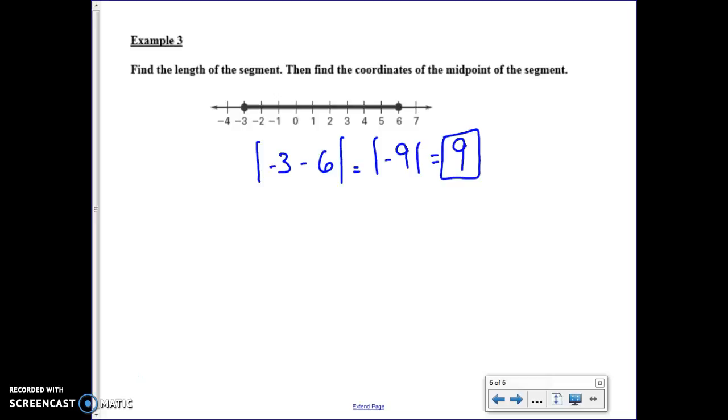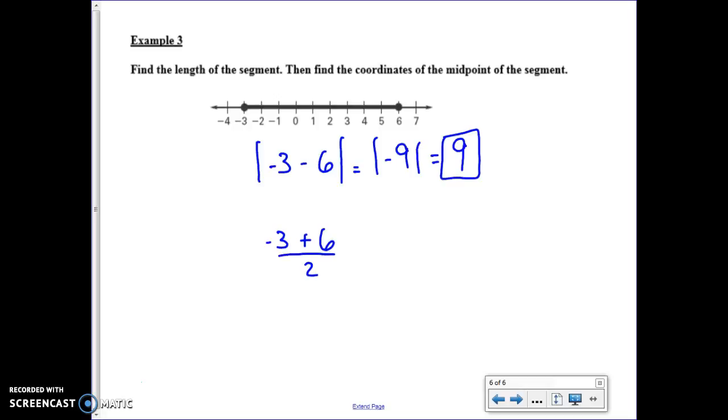Now to find the midpoint, again, you can cross off until you get to the middle, but we can use our midpoint formula. Remember we talked about that the midpoint formula was just averages of two numbers. So we know our two endpoints are -3 and 6. And when we average, we add the values that we have and we divide by the number of values.